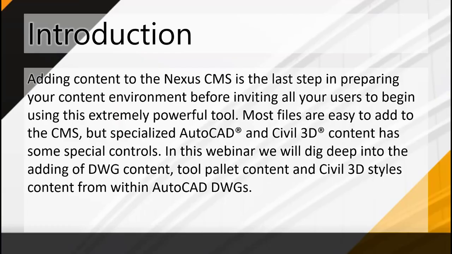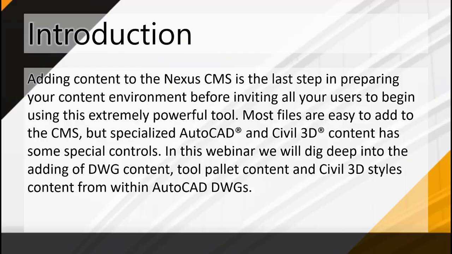So in the CMS, the next major step in getting ready for your team to use this is to add your content. I like to do this before I begin inviting all my users because I want them to have something at their fingertips right away. That's my standard content.